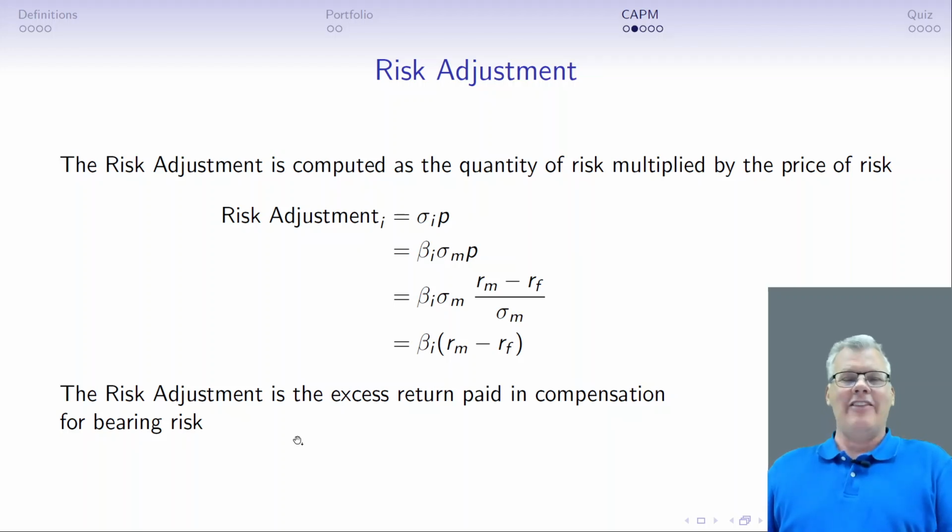I multiply that by 3, since security I is 3 times as risky as holding a broadly diversified portfolio, and that gives me the risk adjustment. That's the excess return that consumers demand as compensation for bearing the risk. Again, in accordance with the golden rule of finance.